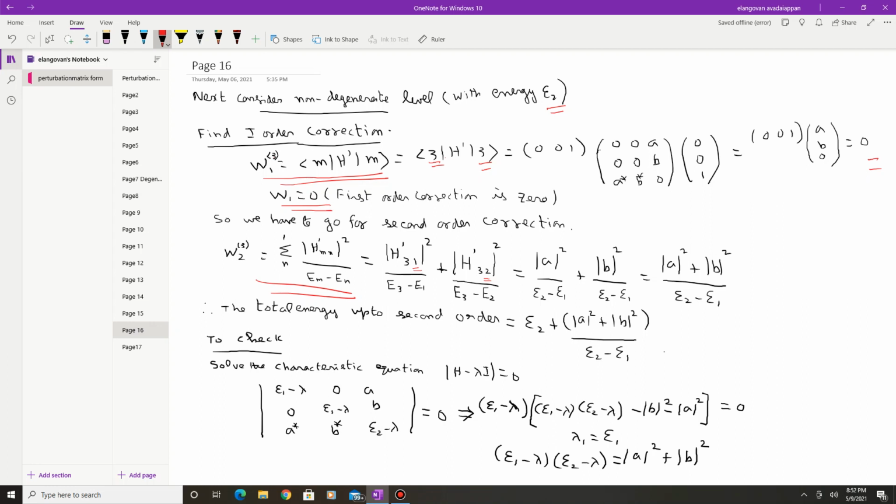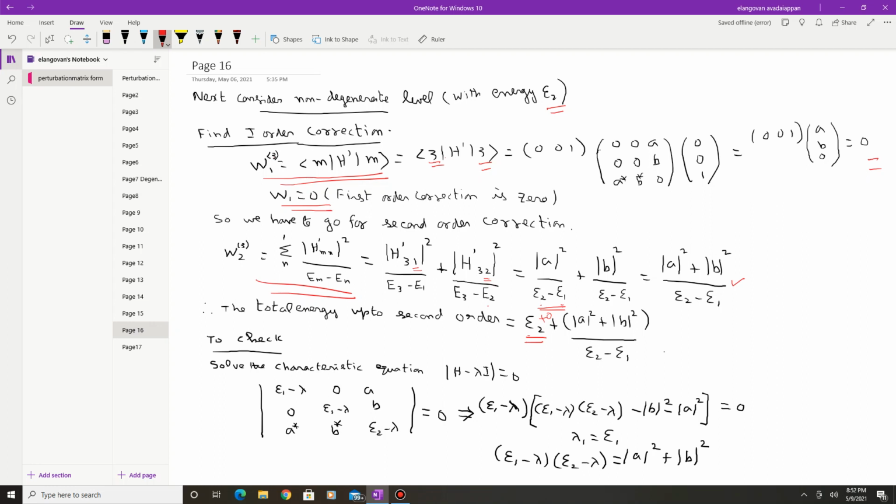This is mod A square. E3 is E2, and this E2 is your E1. And this is mod H prime 3 2 square, which is mod B square, and this is E2 minus E1. If we simplify, we will get this expression. So the total energy up to second order is the unperturbed energy plus 0, which is the first order correction. The second order correction is mod A square plus mod B square.